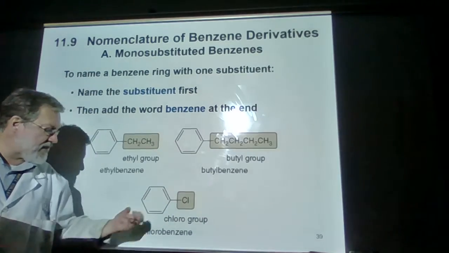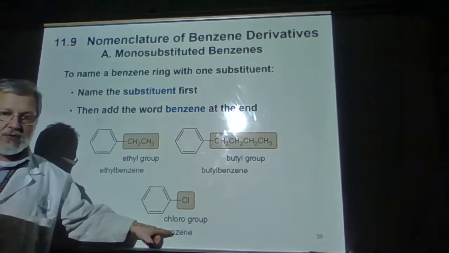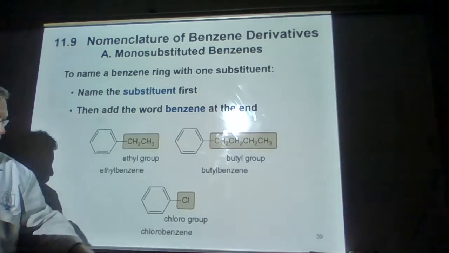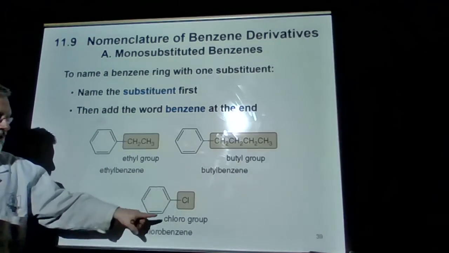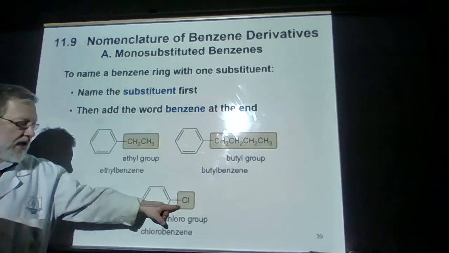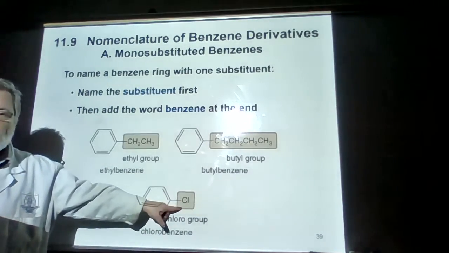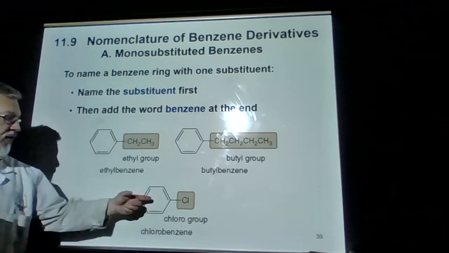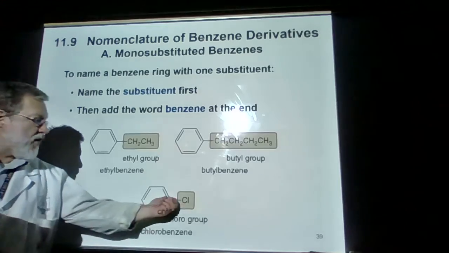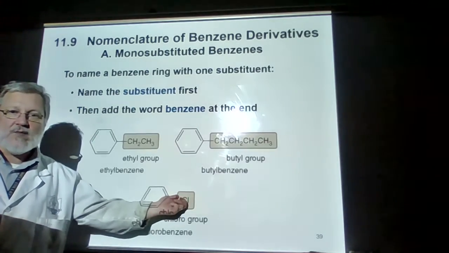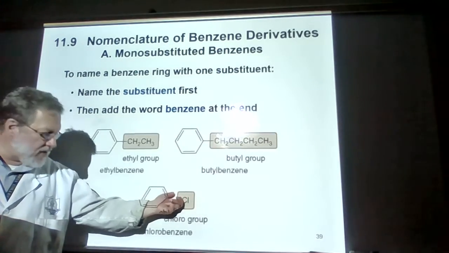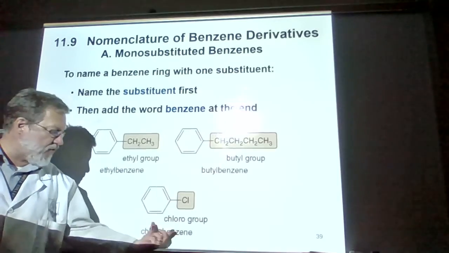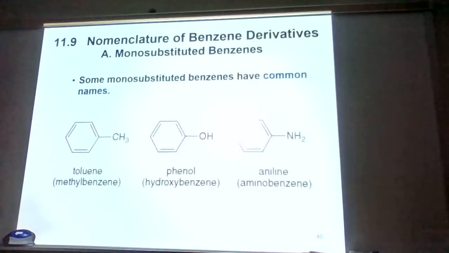Since this chlorine is attached to a benzene, it is chlorobenzene. If this was a bromine, it would be bromobenzene. If this was an iodine, it would be iodobenzene. If this is a fluorine, it would be fluorobenzene. So if there's only one substituent, it is named via its regular name, and then it's put in front of the word benzene.